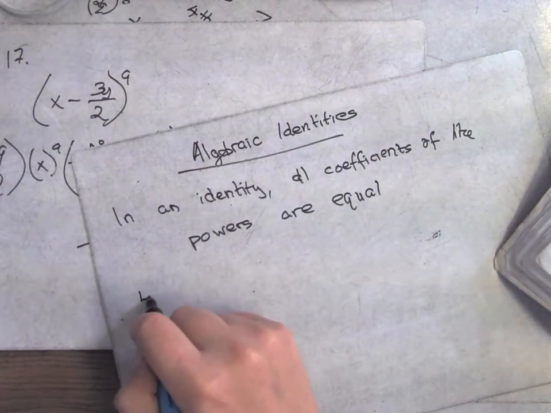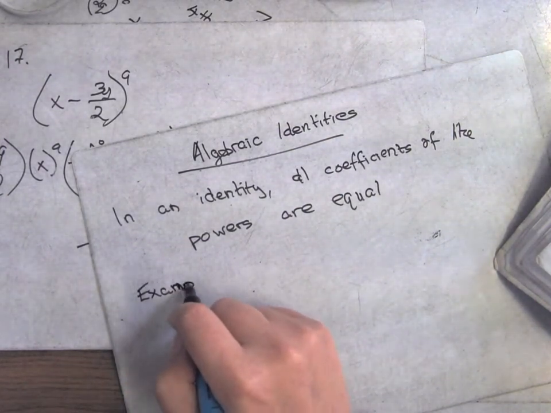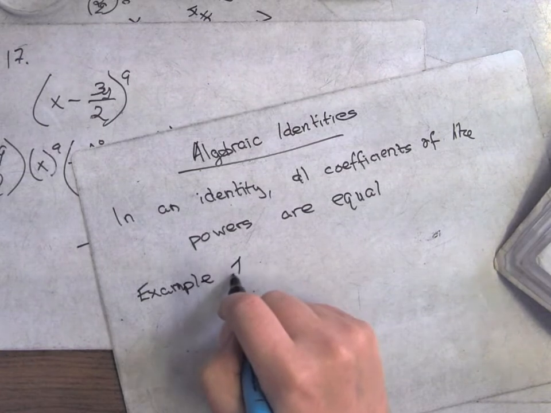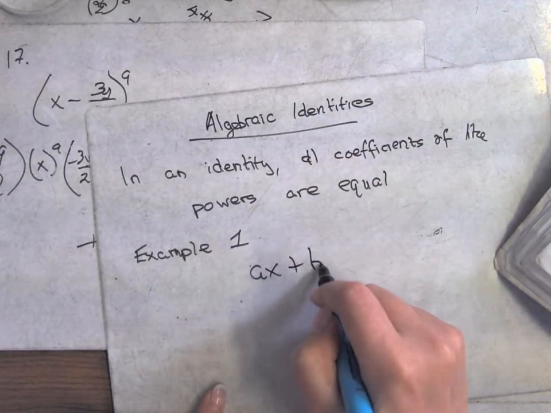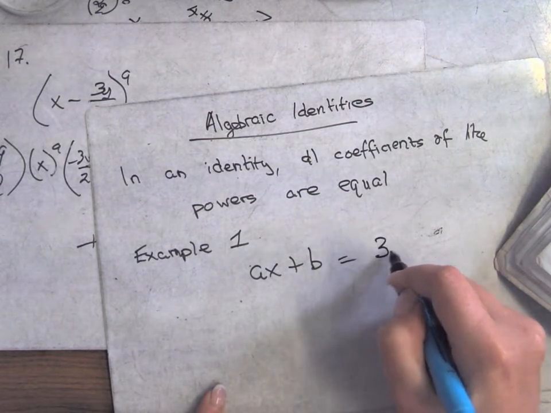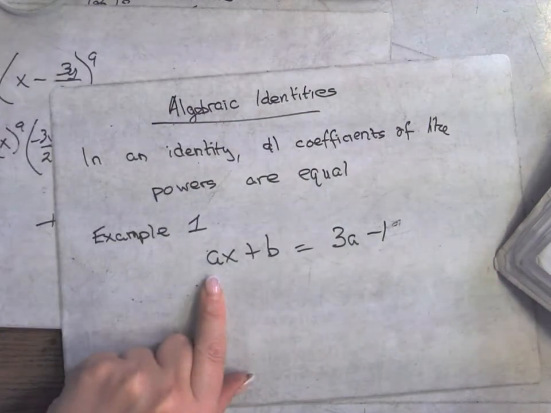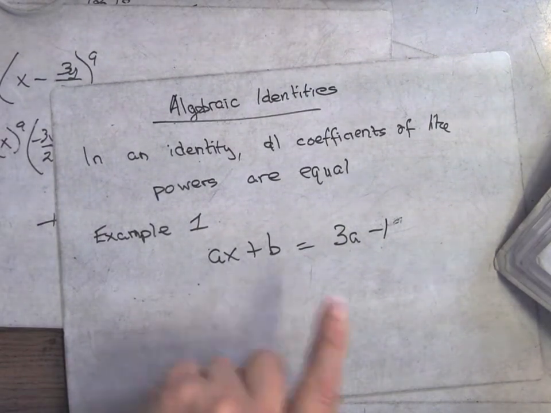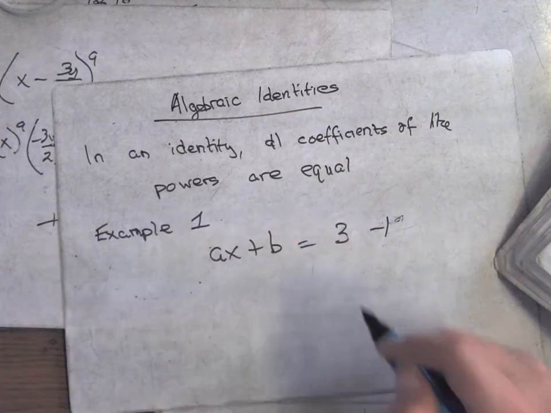For example, if I say ax plus b is equal to 3x minus 1. See the way a is the number in front of x here? It must be equal to the number in front of x over here.